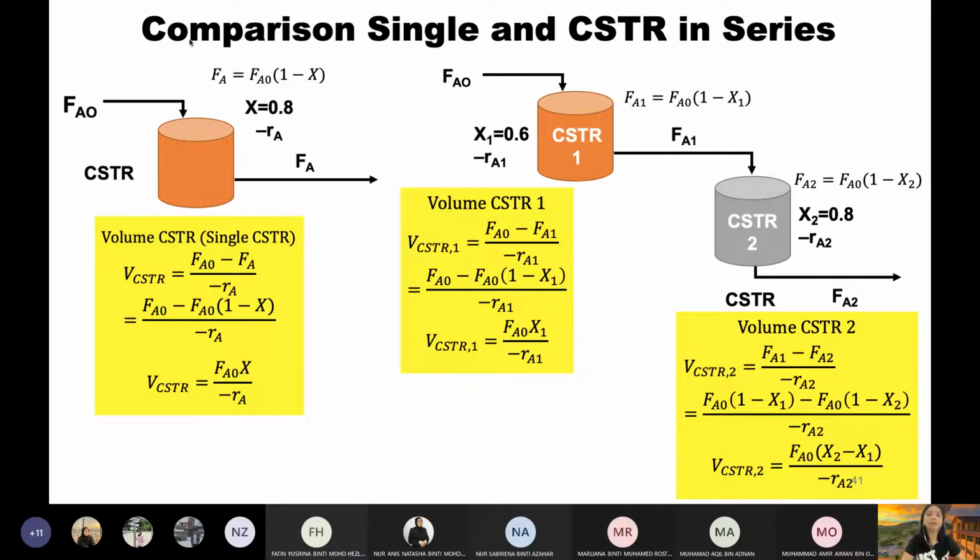Kamu kena faham konsep dia adalah reactor punya volume ni is depending on again conversion and the molar flow rate. So we have to calculate volume dia tak semestinya akan sama. We can calculate the volume of the reactor for reactor 1, reactor 2, reactor 3, depending basically on your conversion. So from the conversion tu kita akan kira volume reactor dia.